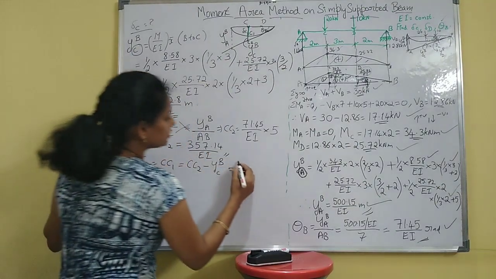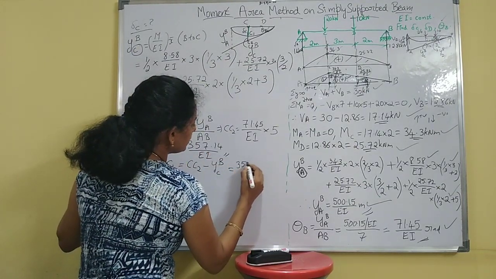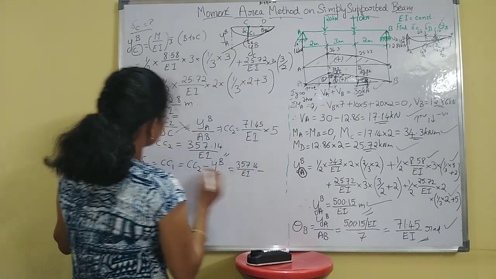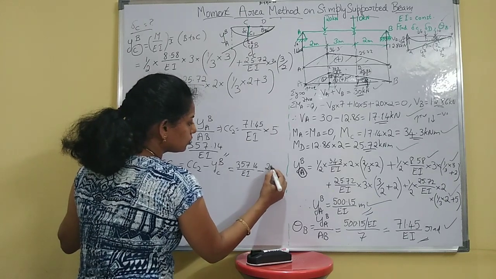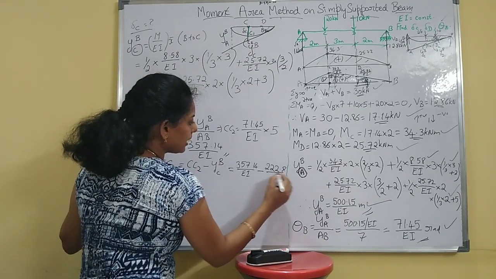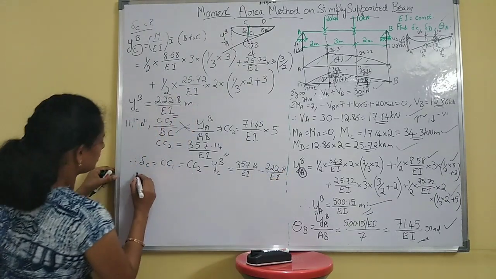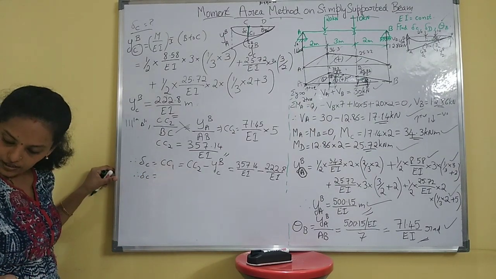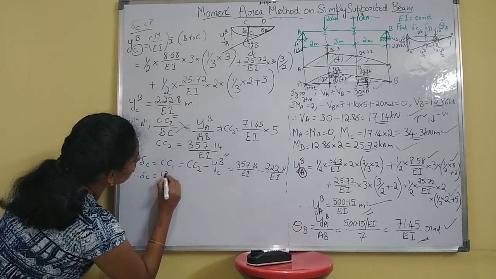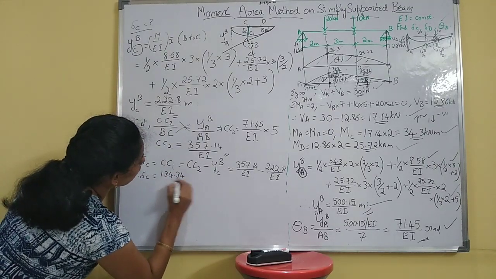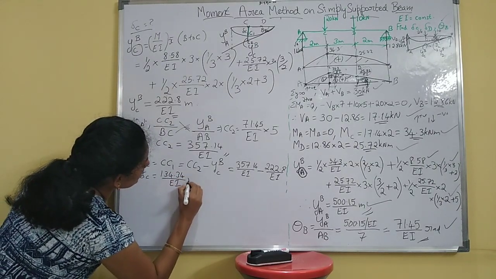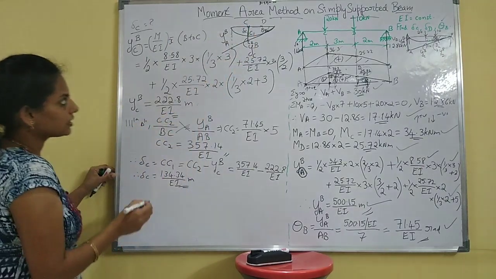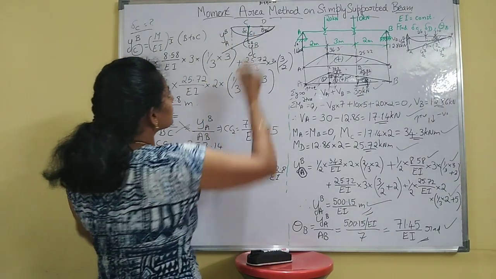So CC2 is here 357.14 by EI minus this is 222.8 by EI. Therefore delta C equal to, delta C is 134.34 by EI meters.